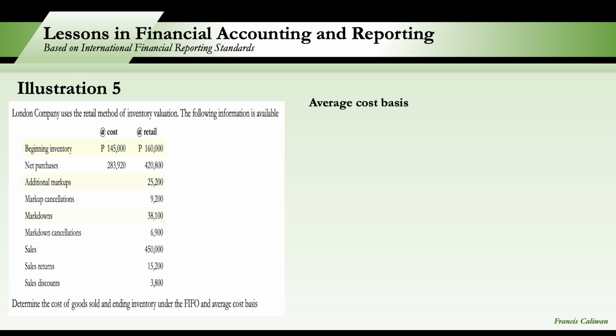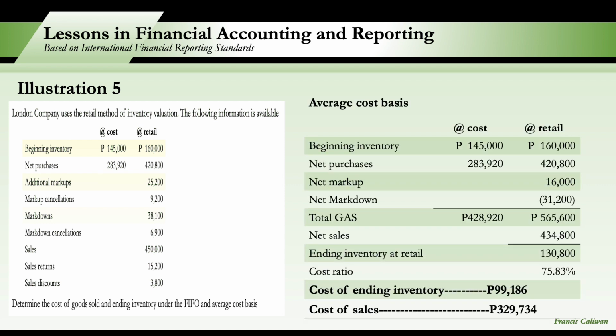And finally, for the average cost basis, as I've mentioned a while ago, the total goods available for sale, the net sales, and the ending inventory at retail will be the same for both the FIFO cost basis and average cost basis. The only difference will be the cost to retail ratio. So for this particular problem, our cost to retail ratio using the average cost basis is 428,920, we already include the beginning inventory, divided by 565,600.